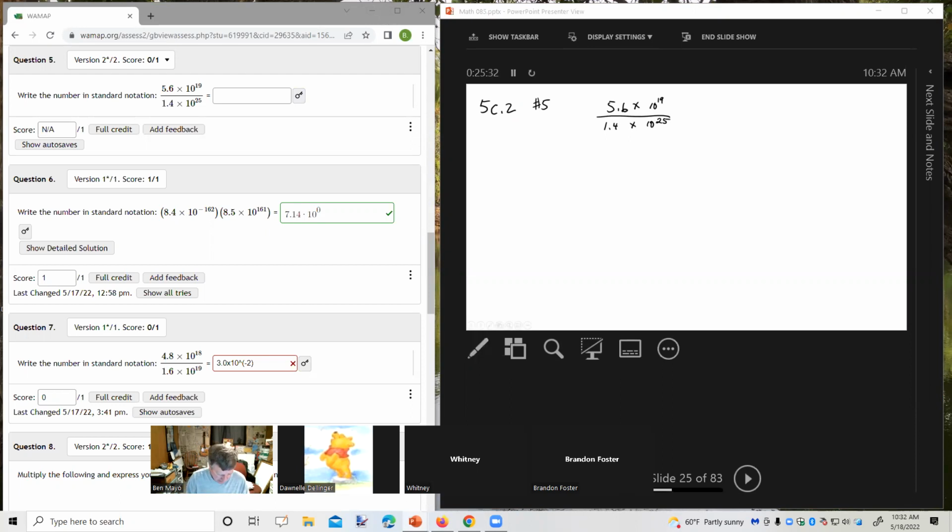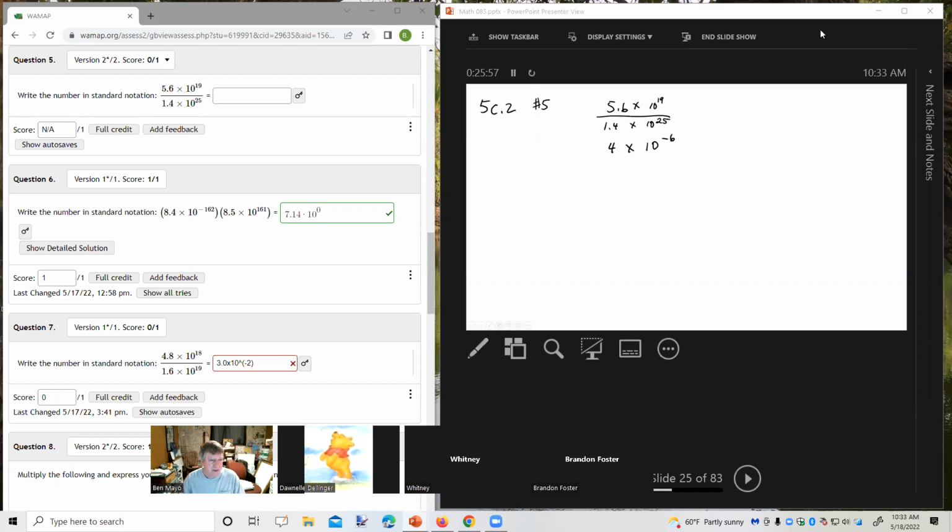If I take 5.6 divided by 1.4, I get 4. And then that's times 10 to the top exponent, 19, minus bottom exponent, 25. 19 minus 25 is -6.